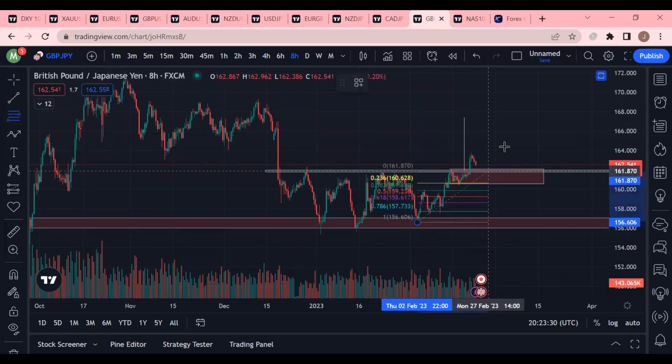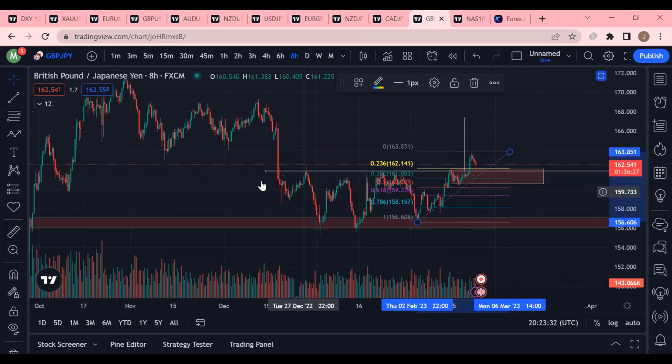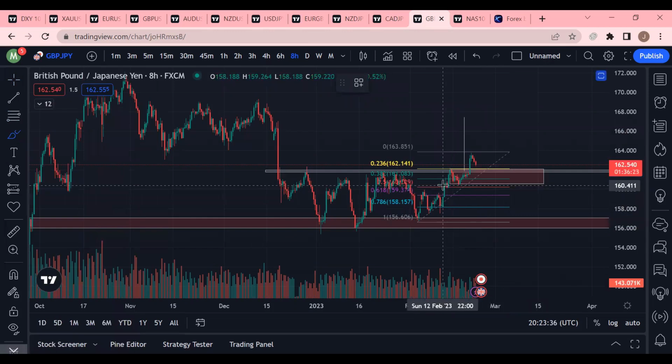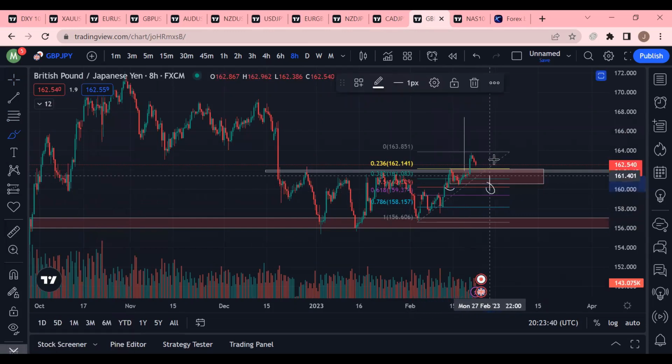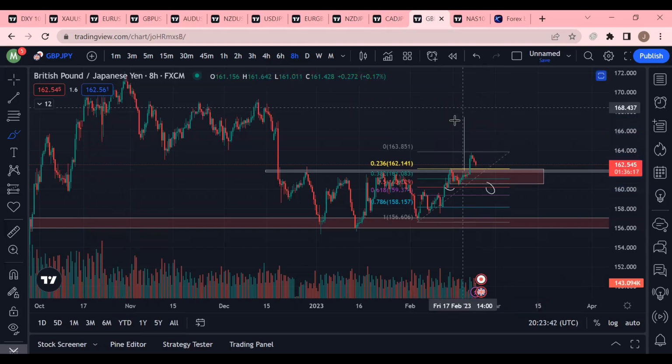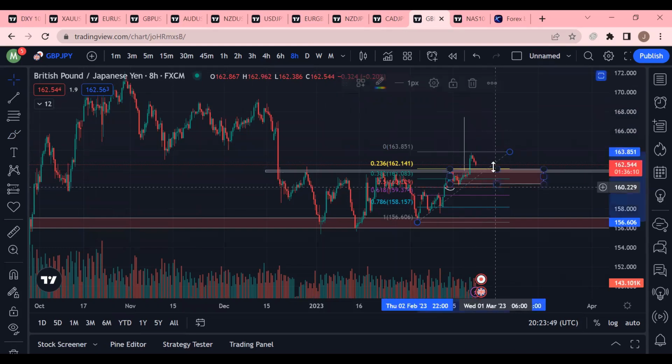But I'll use my fib also to show wherever we are coming to. Definitely, we just need to do some liquidations around these areas. So we can liquidate this and start reversing from there. We can start taking a buy. So this is how you watch out for possible good entries and good trades.